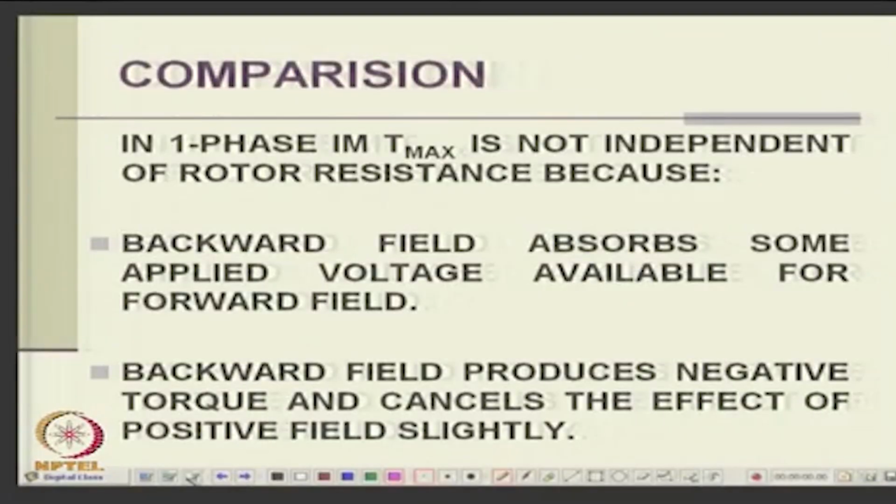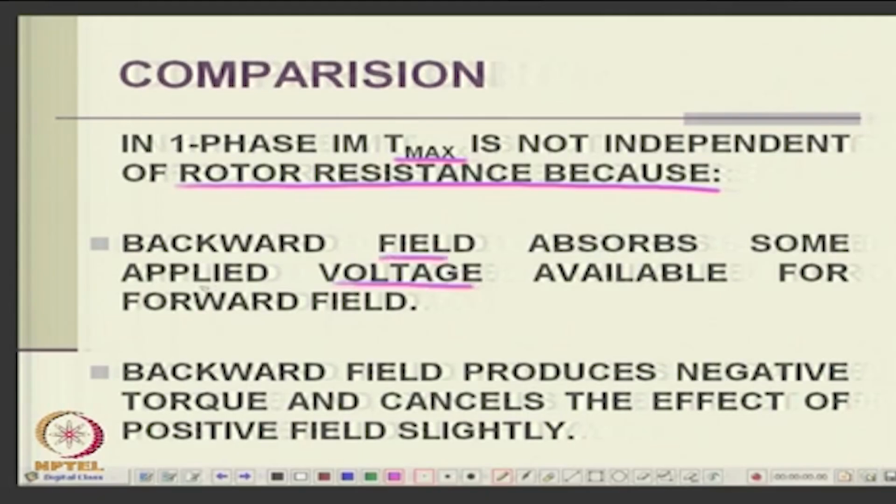So, these are some of the observations that you can note down. In a single phase motor, the maximum torque is not independent of rotor resistance. Because there is a backward field, unlike in a 3 phase machine, rotor resistance will have an impact on the maximum torque. The backward field absorbs some of the applied voltage.